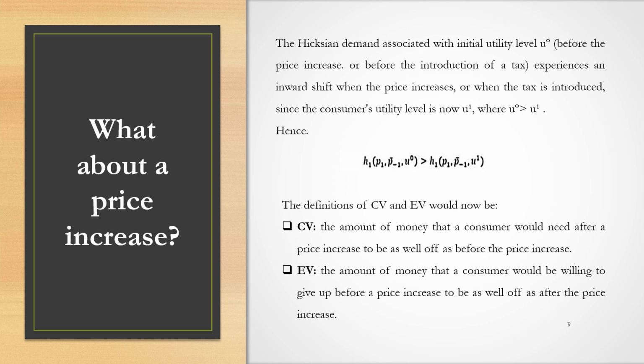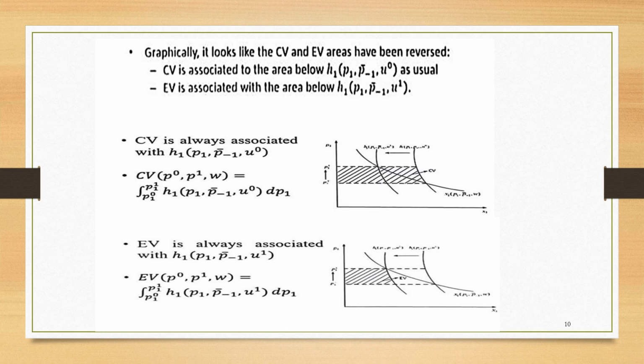The CV will be the amount of money that a consumer would need after a price increase to be as well off as before the price increase, and the EV will be the amount of money that a consumer would be willing to give up before a price increase to be as well off as after the price increase. So we can see that the area of CV is greater than the area of EV in case of a price increase, which is the reverse of the price decrease case.